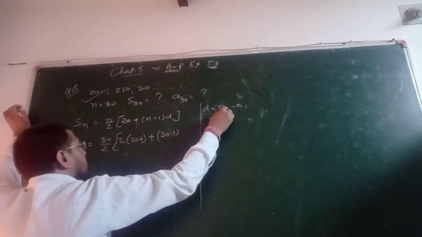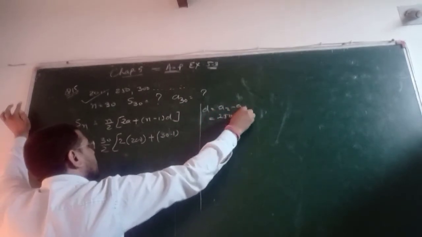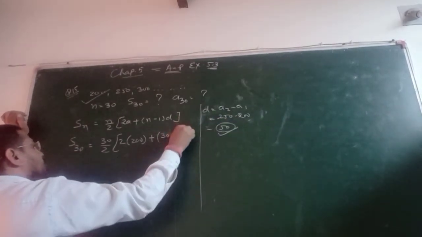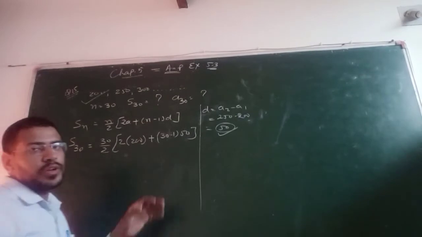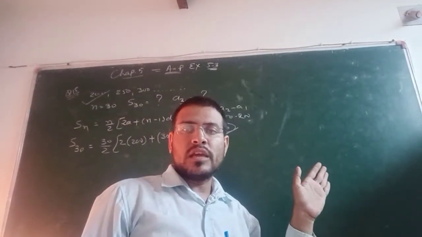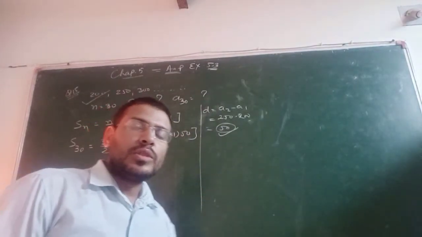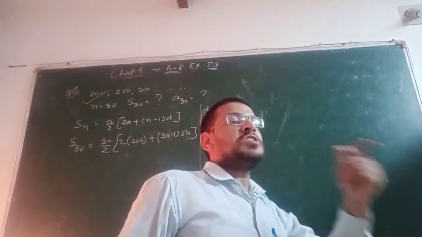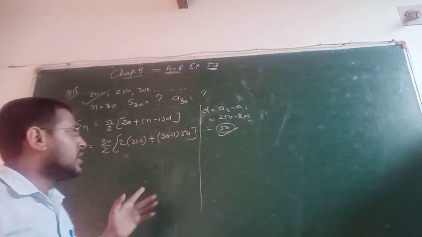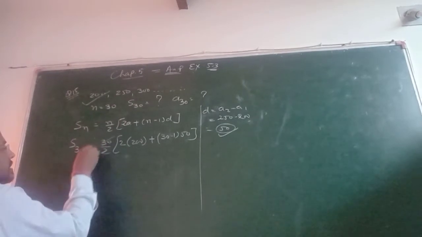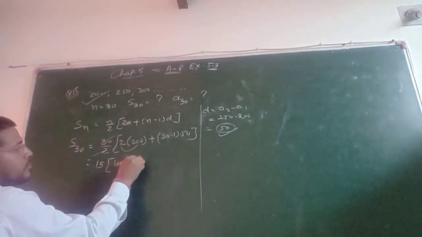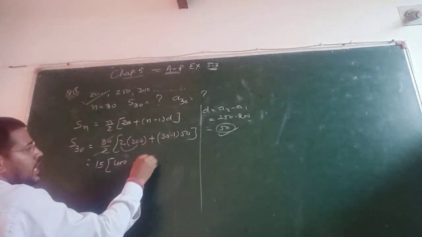It is already given, 250 minus 200, so 50. So d is 50. Even if we don't calculate d by this formula a2 minus a1, it is directly given to you that the penalty is 50 rupees more compared to the previous day. So 2 15s are 30, 2 2s are 400, plus 30 minus 1, 29 into 50.